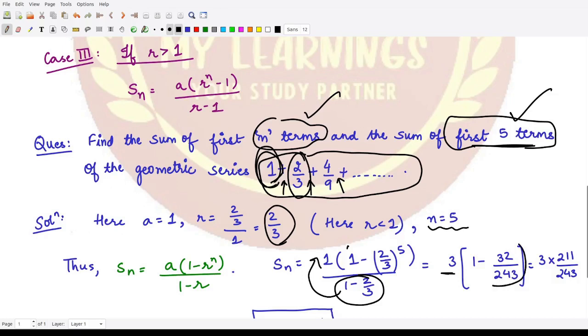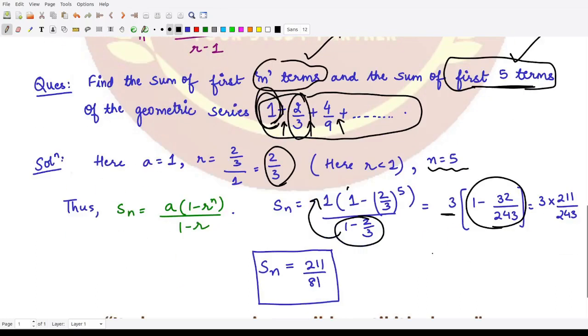So when you subtract them, you would have 211 divided by 243, and the final answer of S5 in this case, because n is 5, is equal to 211 divided by 81.